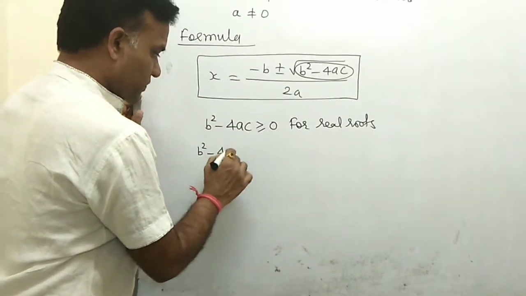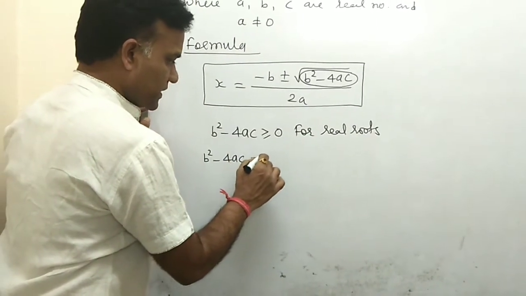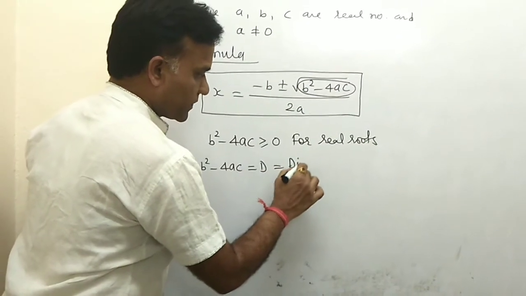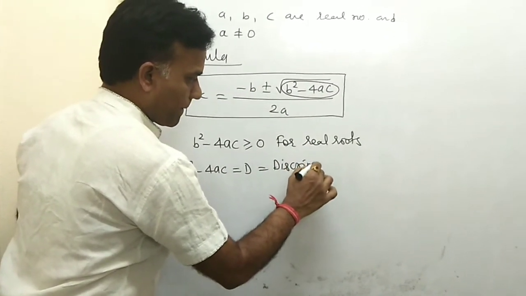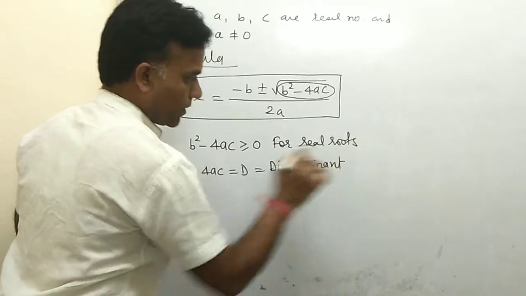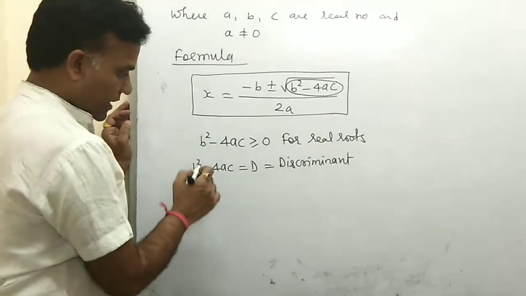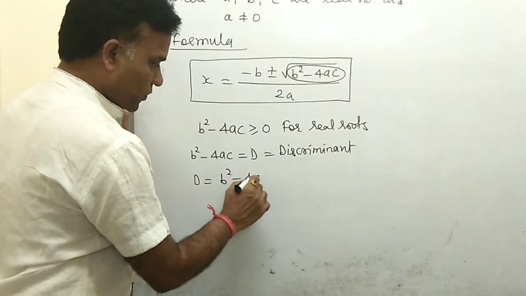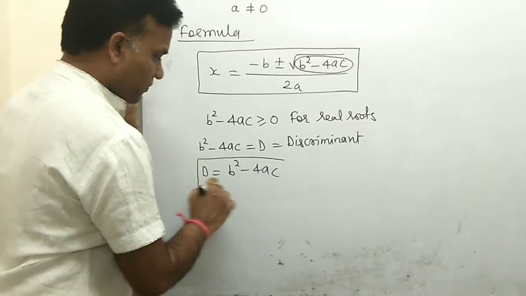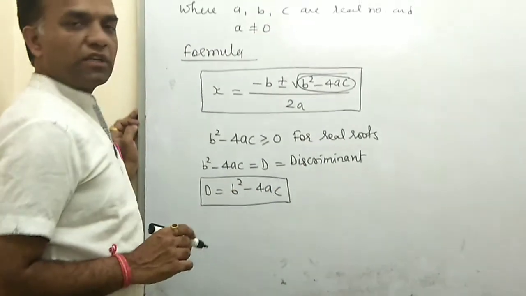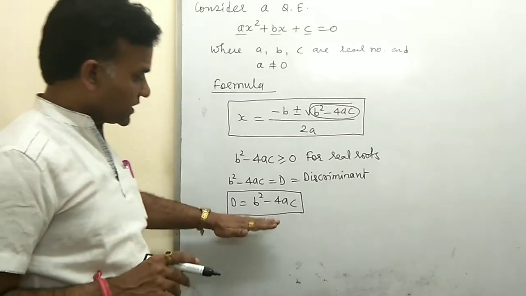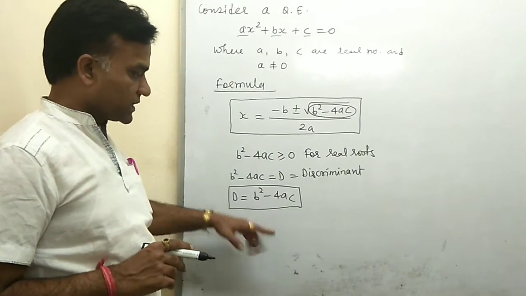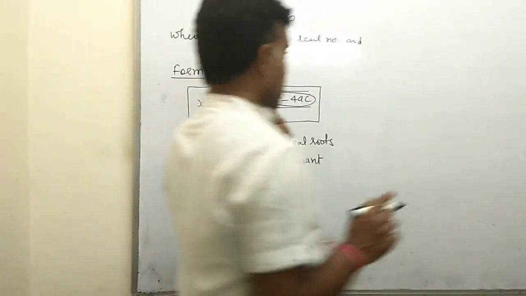So b square minus 4ac is equal to D, and D means discriminant. D equal to b square minus 4ac. This is the formula for finding it first, because for any quadratic equation you first put it in this form, D equal to b square minus 4ac, and then find the solutions.